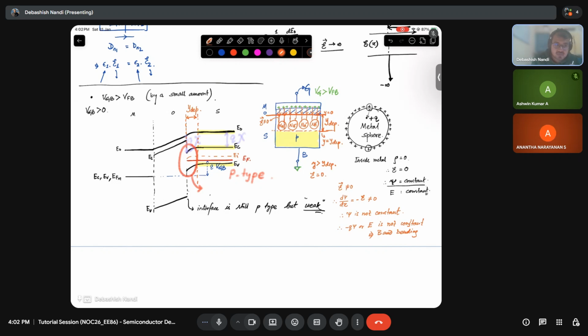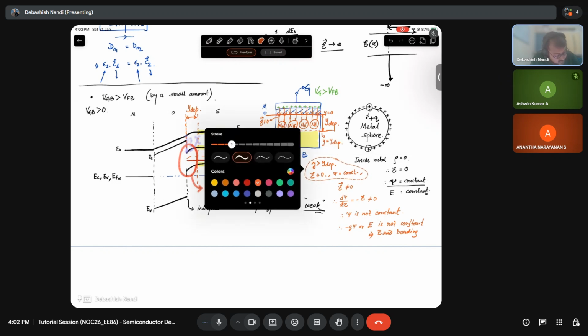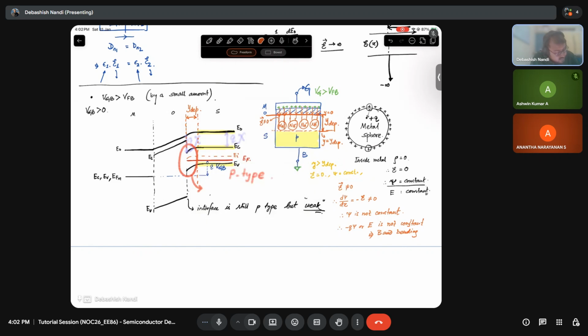That means my psi should be constant. That means the energy band should be constant. That means E is constant.